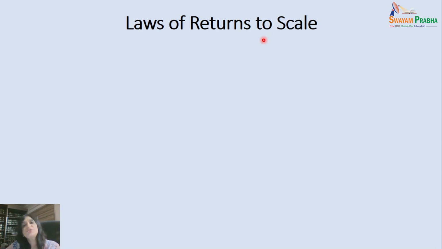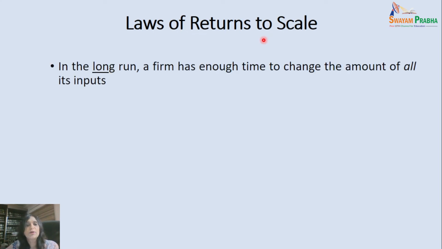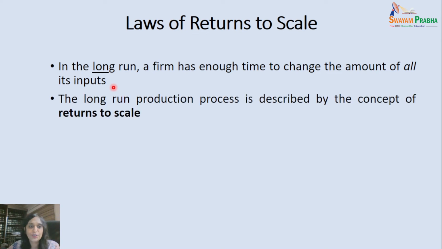Why is size changing? Because you are increasing the amount of both the inputs. So with an increase in the amount of both the inputs, the firm's size will increase or decrease, whatever is the case. So let us have a look at the law of returns to scale. As I just said, in the long run, a firm has enough time to change the amount of all the inputs. If we are taking two inputs, labor is changing and capital is also changing.